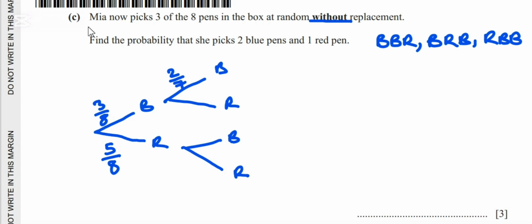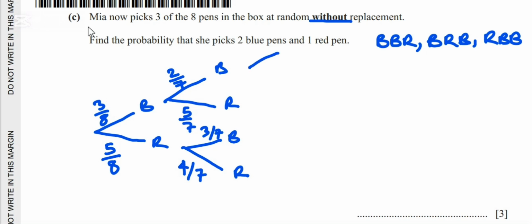We have not picked the reds, so the reds here will still remain 5; what will reduce is the total outcome, so it will be 3/7. Then the reds will reduce to 4/7. All right, that is the second pick.